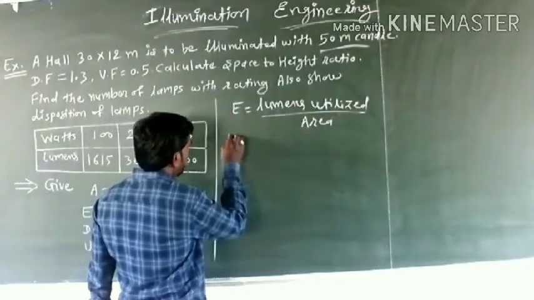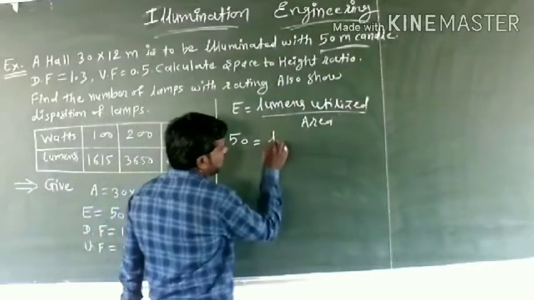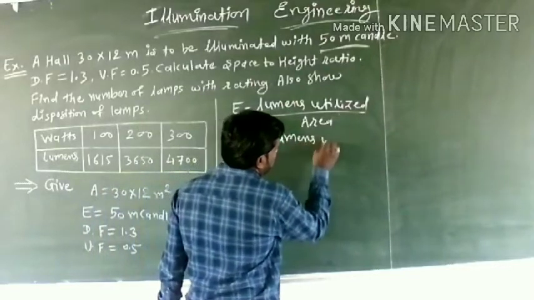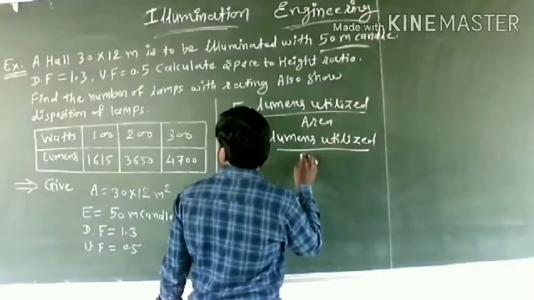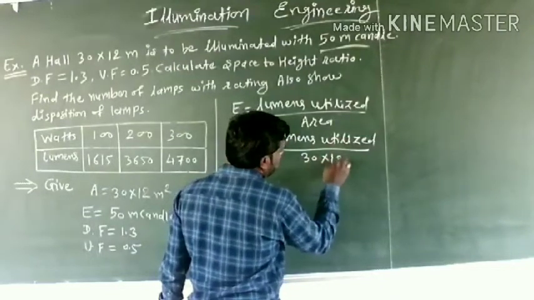So here E is 50, lumens utilized upon area, which is given as 30 into 12.